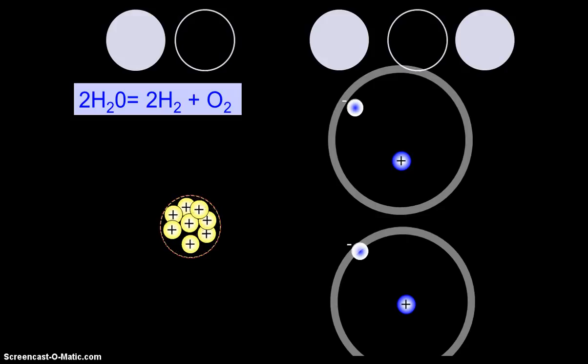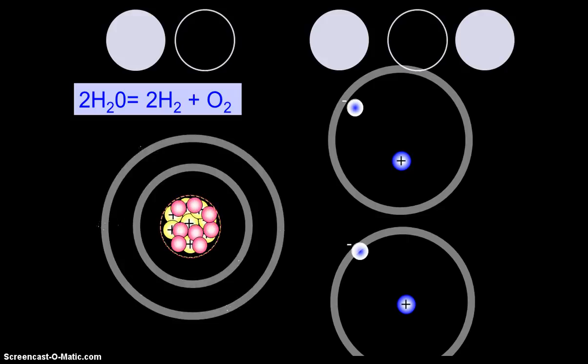So, for example, you have these 2 hydrogen and 1 oxygen. Hydrogen is going to have one electron in its outer energy level, whereas this oxygen, if you look at its outer energy level, is going to have 6.